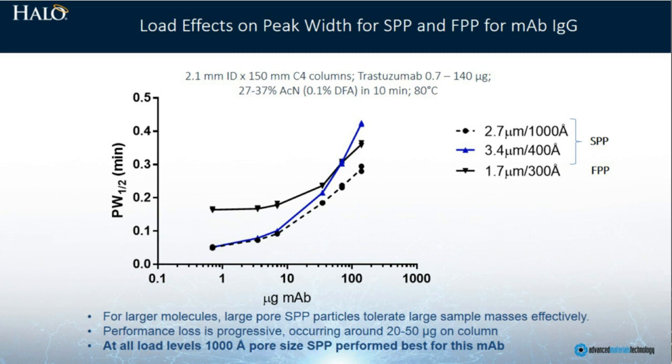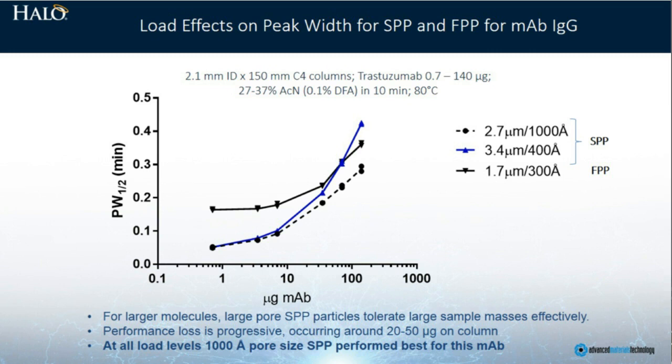The reason we believe explains this is that when you talk about pore size, you're really talking about a statistical average of pore size. Clearly, in a 1,000 angstrom pore size material, that population is centered at 1,000 angstrom, but there's some proportion that's a little bit smaller and a little bit larger.